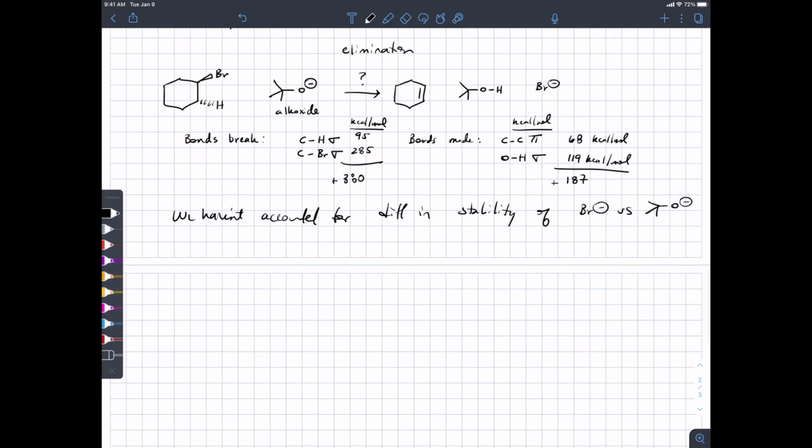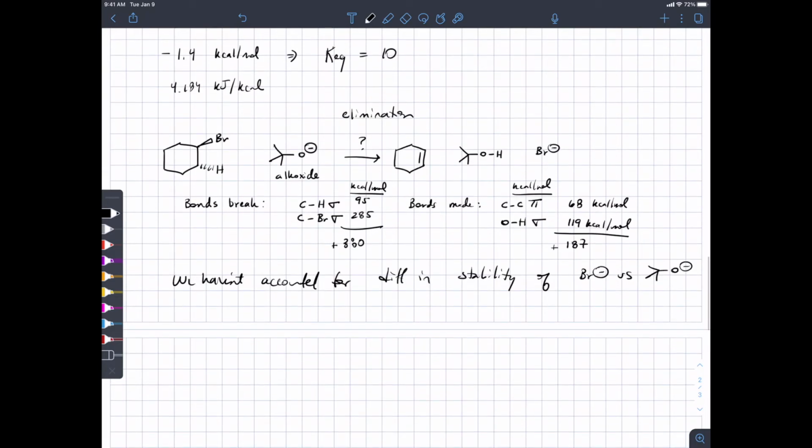Okay? So how do you know which is more stable, Br minus or the negatively charged oxygen? Br minus, you're right, is more stable, but you know that because its conjugate acid, HBr, has a pKa of -9, whereas the conjugate acid of the alkoxide has a pKa, in this case for this particular alcohol, closer to 19, but 16 would have been fine.